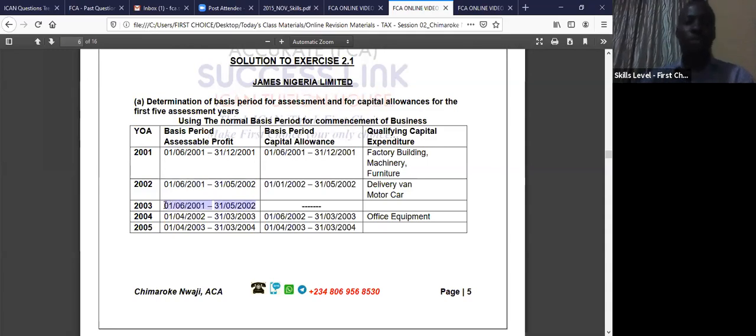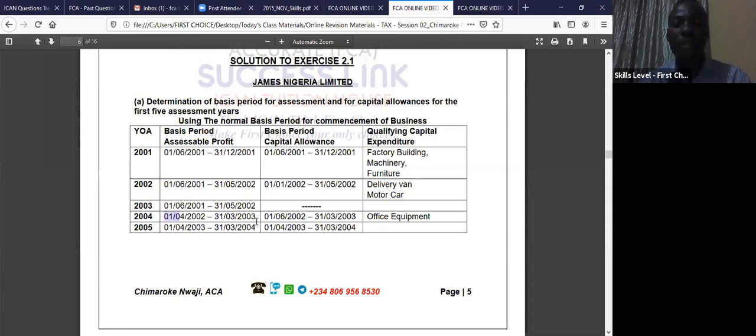Now, this rule I'm going to give again in the fourth year. The rule I was telling you in this third year, from the fourth year it starts applying. In the fourth year, this is 2004, basis period, preceding year basis is 2003. 31st of March, that is when the account ends. That will mean that tomorrow's date will be 1st April.